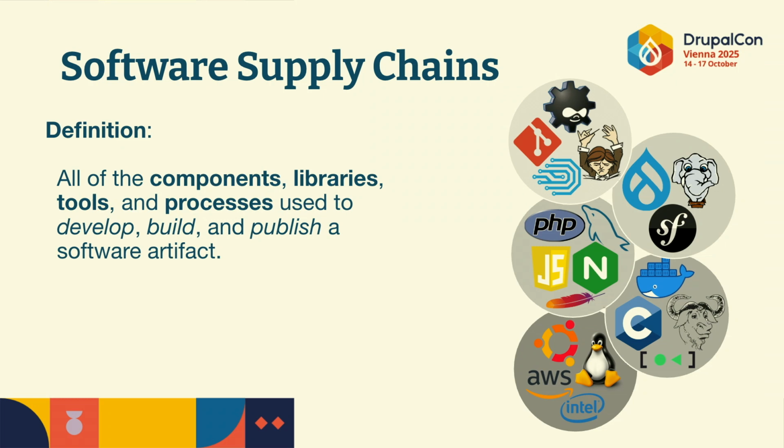Then you get into frameworks with Drupal. This is where you also have packages and all the libraries that you're pulling in from that. And then you have the tools specific to, in our case, Drupal development, things like DDev, Git is pretty universal, Drush, Composer, etc.